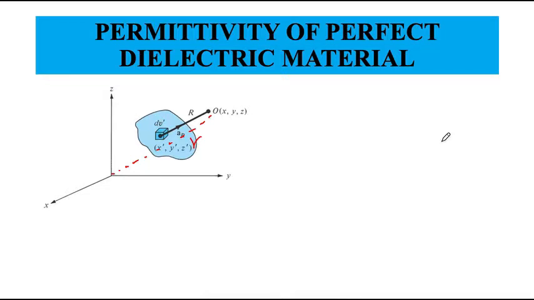Actually, we are not putting any volume, we are just assuming that we are carving out a small volume for finding the electric field. So we just imagine that there is a small volume inside the dielectric, and we want to calculate the potential at the field point because of the dipoles inside this volume.